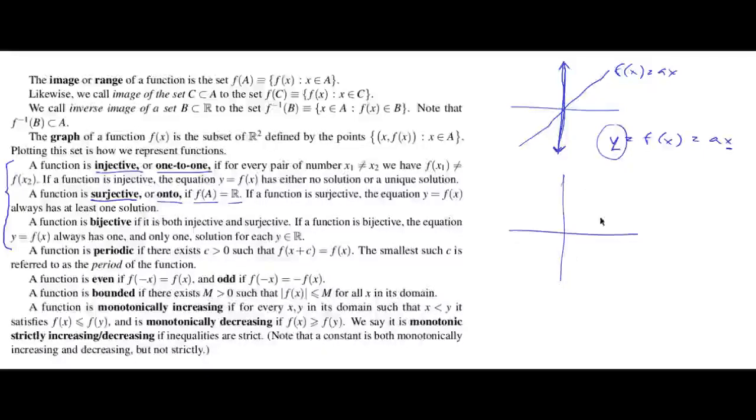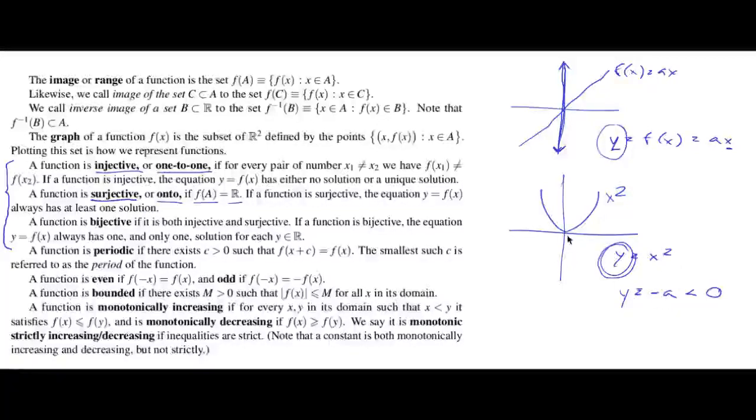Now if I have a function like x squared, and I write the equation y is equal to x squared, there is not always a solution. If I choose, for instance, y is minus a, a negative number, then there is no x that gives me this as a solution. There's no way that I can square something and get something negative.